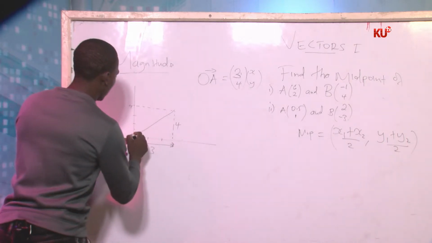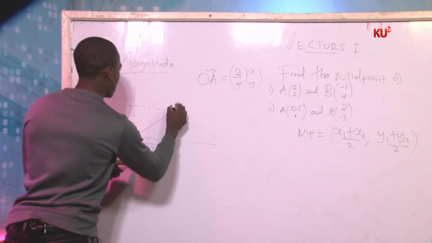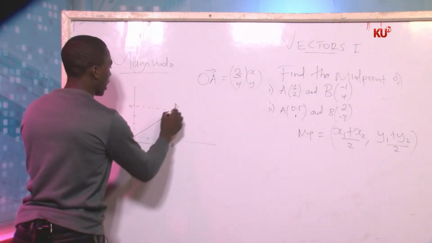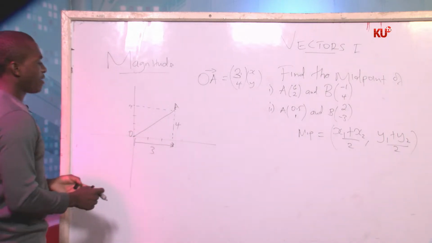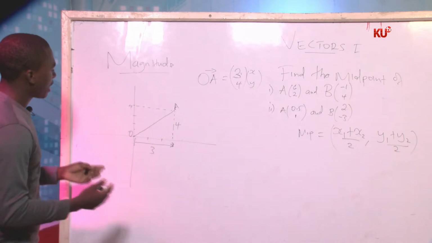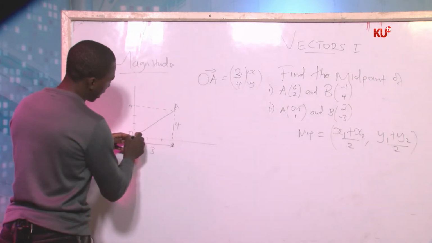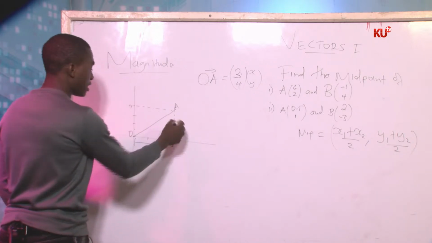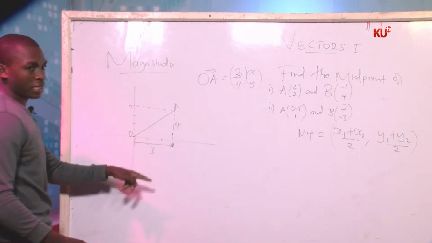To find the magnitude of line OA, it simply means finding the length of this line OA. Lucky enough, we have Pythagoras, who came up with the Pythagoras theorem that can help us find the hypotenuse of this line OA, because we can treat these as opposite and adjacent, whichever.